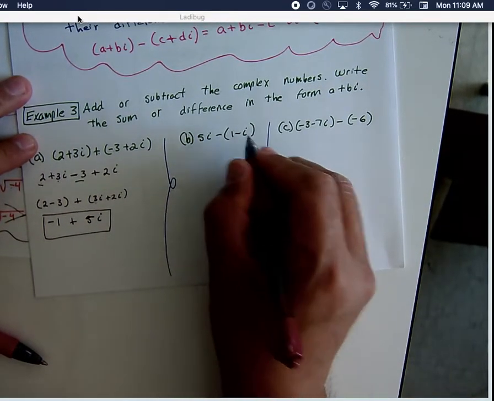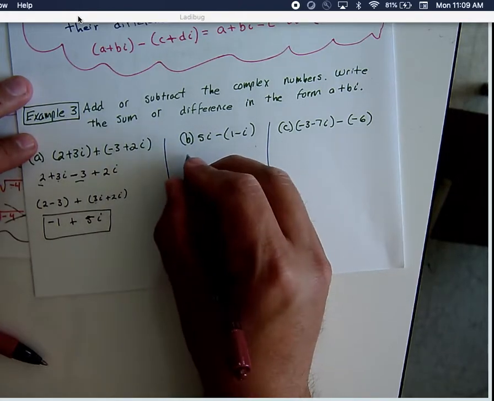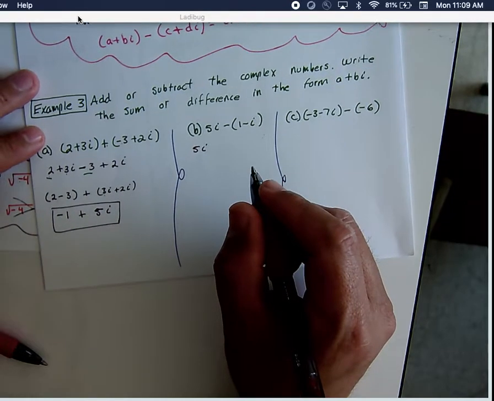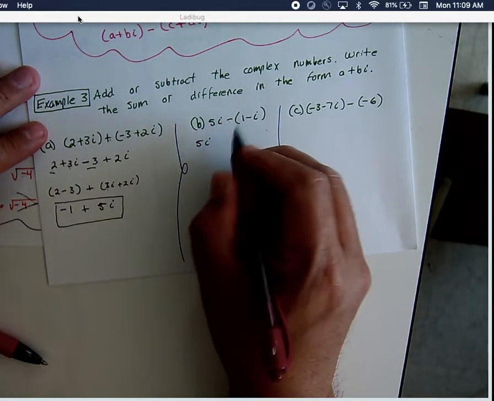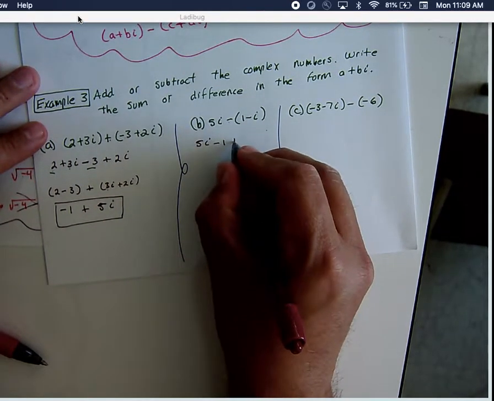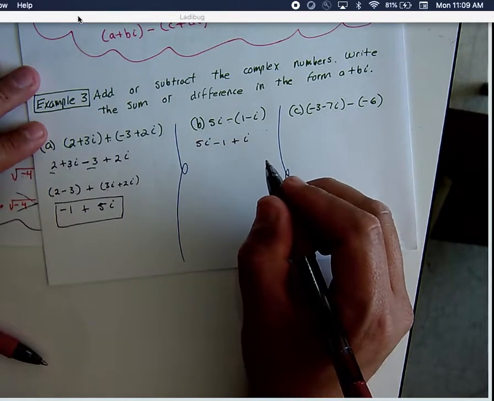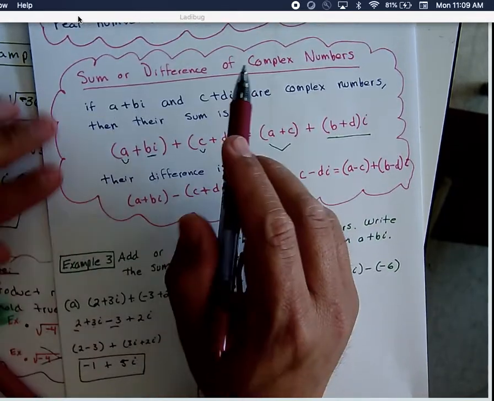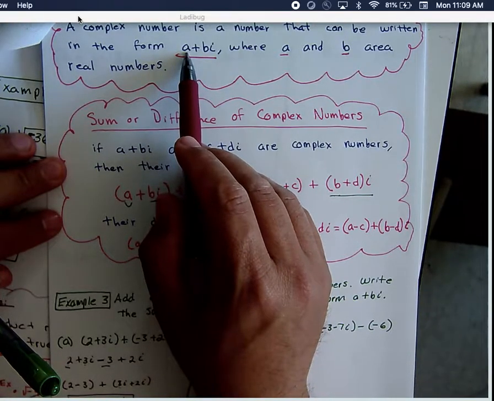That's what I'm going to do here. So this one, you would have the 5i, negative 1 and positive i. So the negative 1 would go in front, because that's how complex numbers go. The number goes in front first, and then the imaginary part comes second.